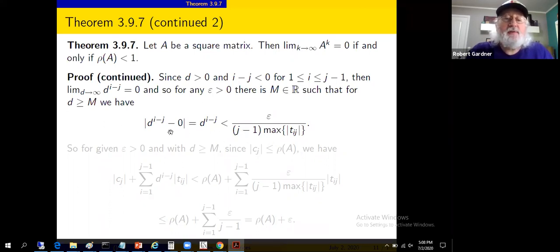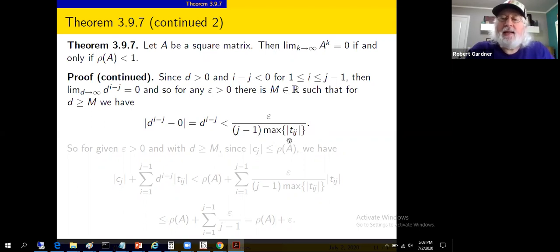I can drop the absolute values because I know d is positive, this is positive, and this is what I want small to be. I want to take epsilon divided by j minus 1 times the maximum of the t sub ij's. Never mind why just yet.